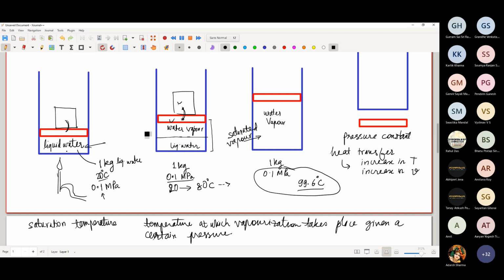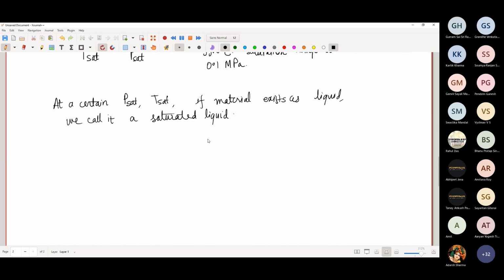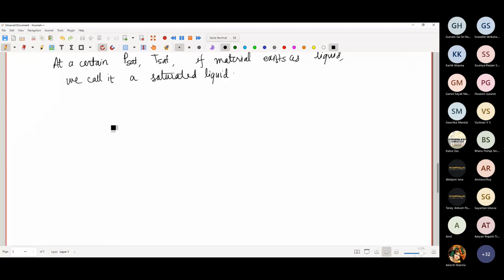Now, there is a state in between, and this state will be very important throughout our discussion. We define something as the quality.